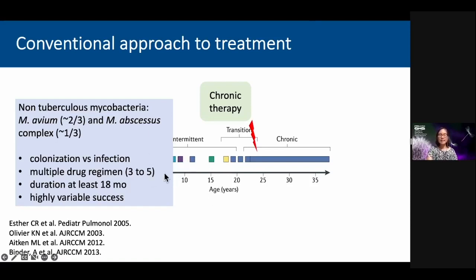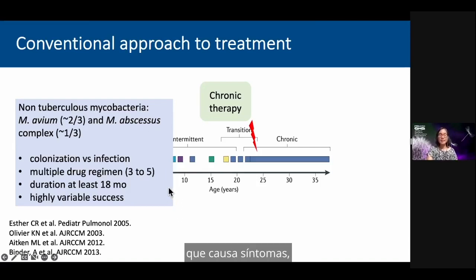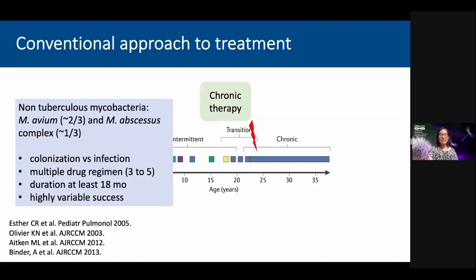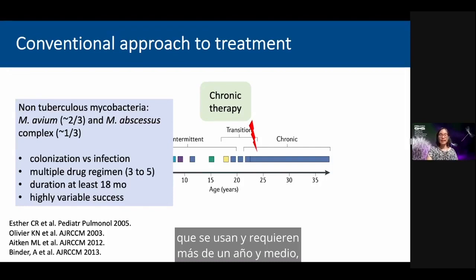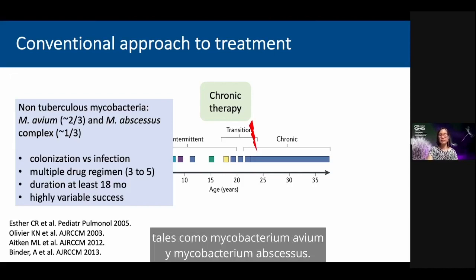When it is established as a chronic infection that is causing symptoms, and not just colonization, then there are multiple types of drug regimens that are used, requiring upwards of 1.5 years and sometimes chronically, with very highly variable success in suppressing or attempting to eradicate mycobacterial infections, such as Mycobacterium avium and Mycobacterium abscessus.